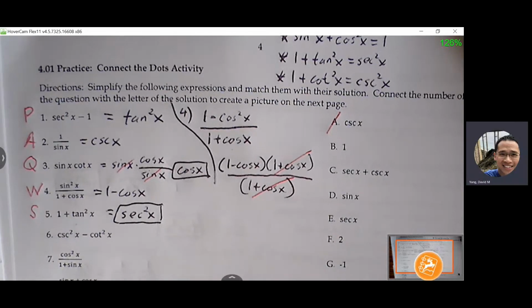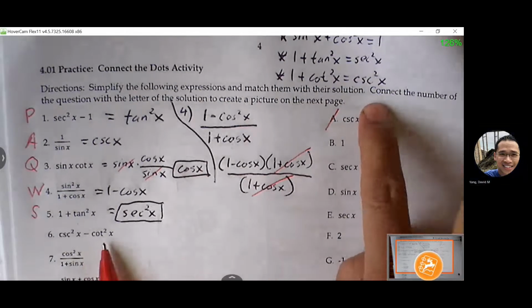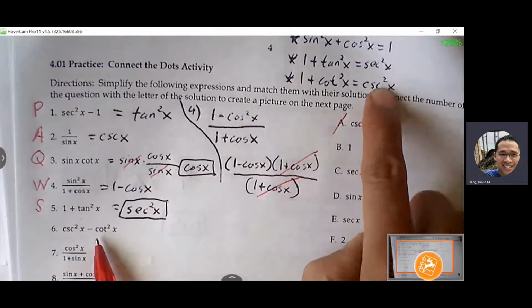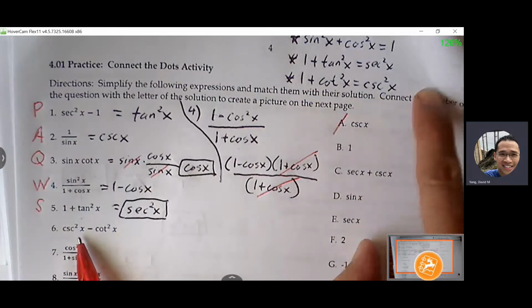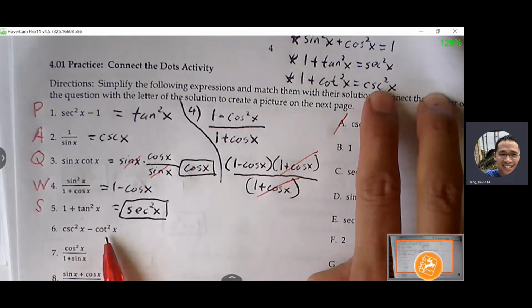Okay, number 6, cosecant squared x minus cotangent squared x. Anything here? Just 1, yep. If I subtracted cotangent squared x from both sides, cosecant squared minus cotangent squared is just 1.